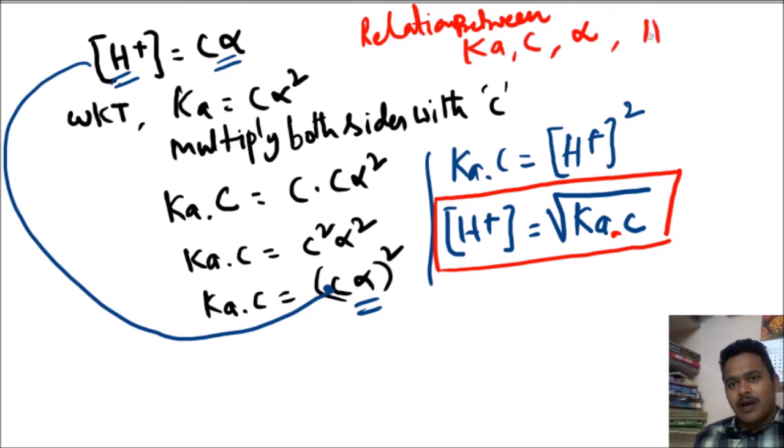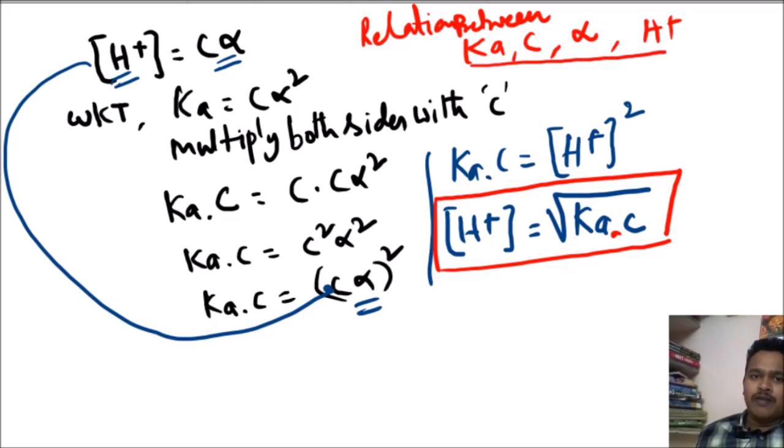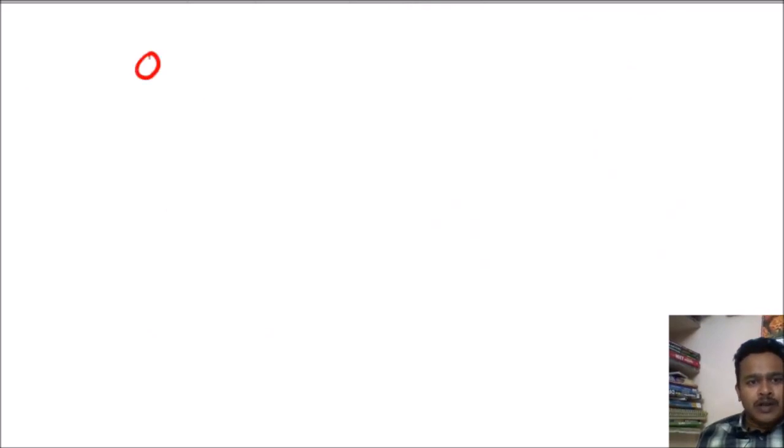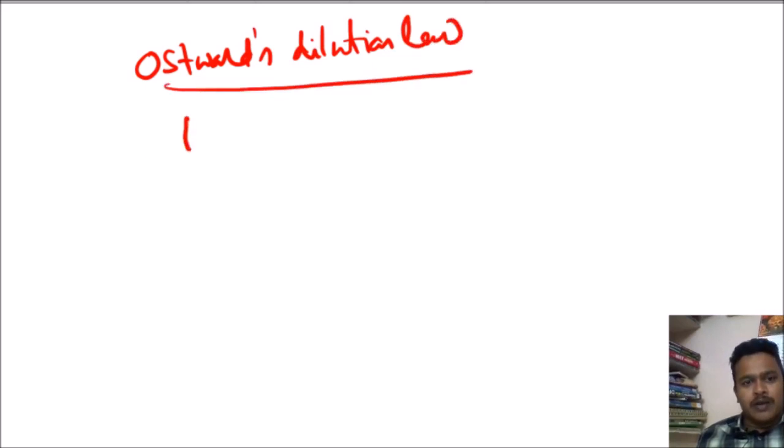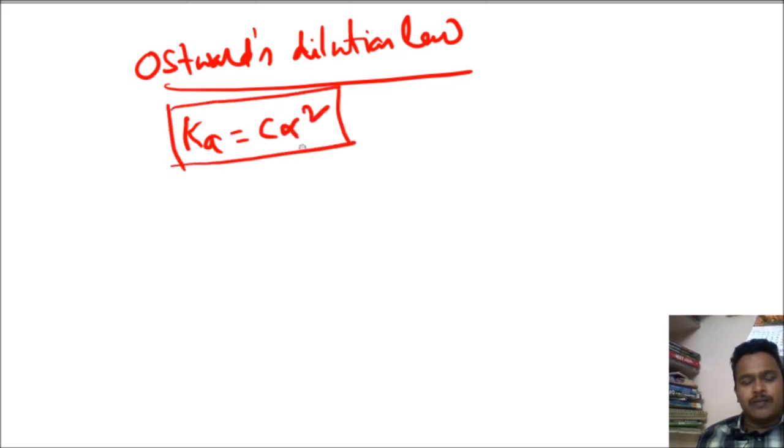The conclusion: by Ostwald dilution law, Ka is equal to C alpha square, one formula.